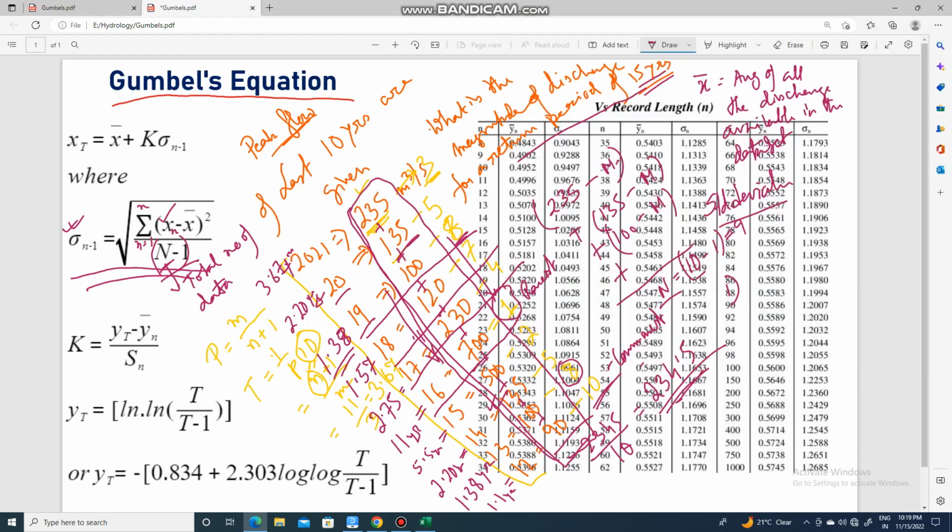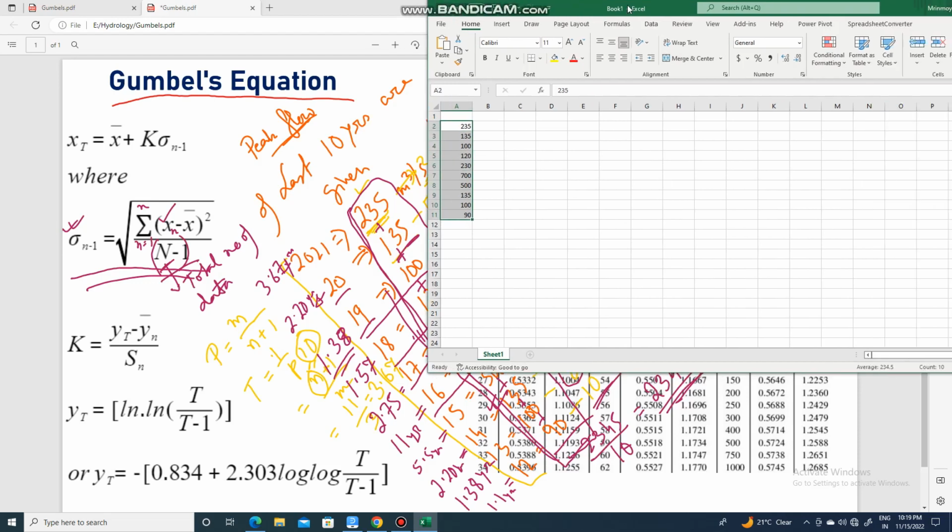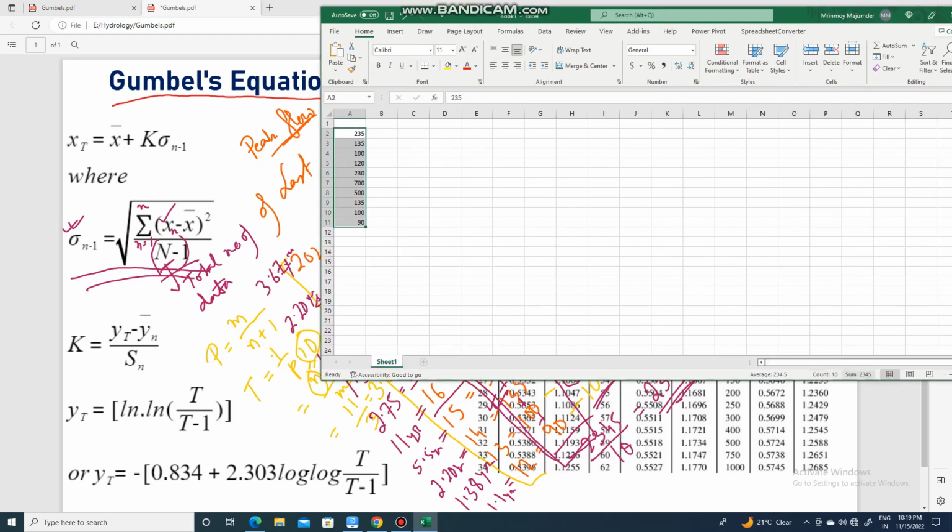So 135. Then 100, and last is 90. So there are 10 data in the data set. Correct. You see here your count is 10.